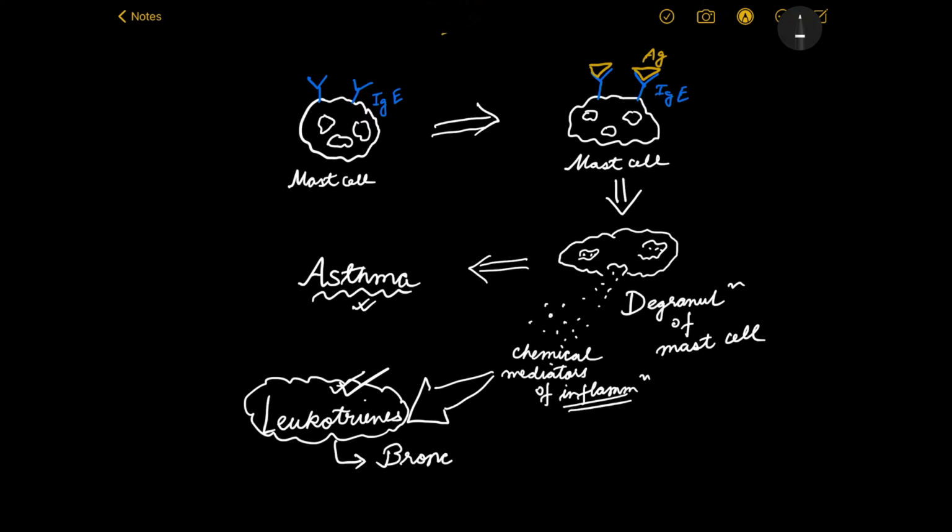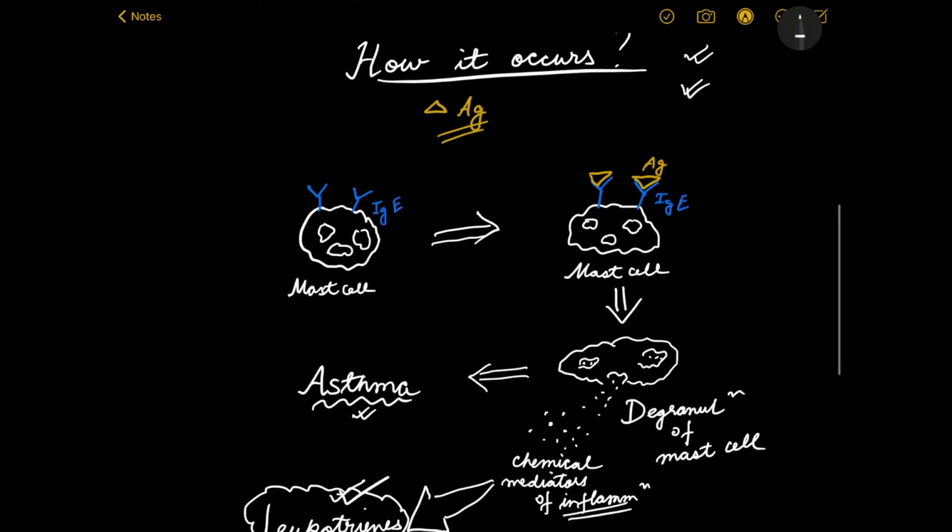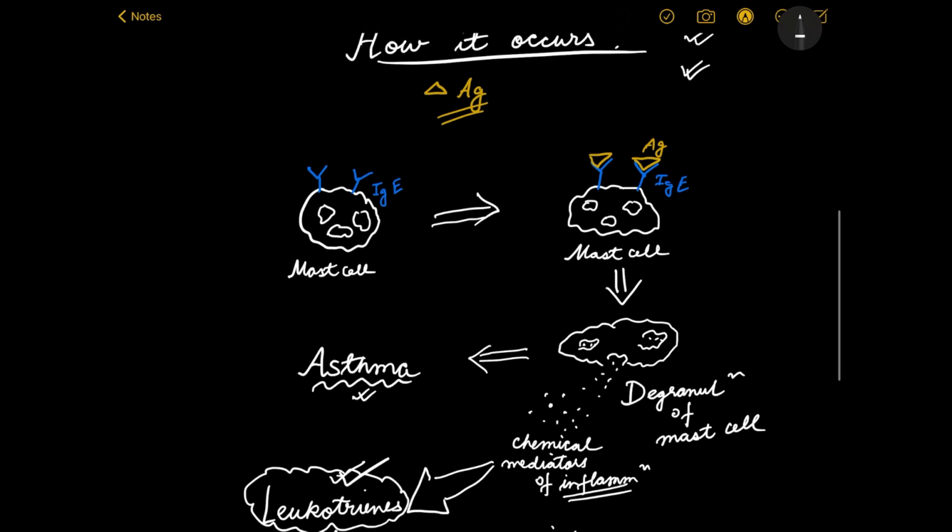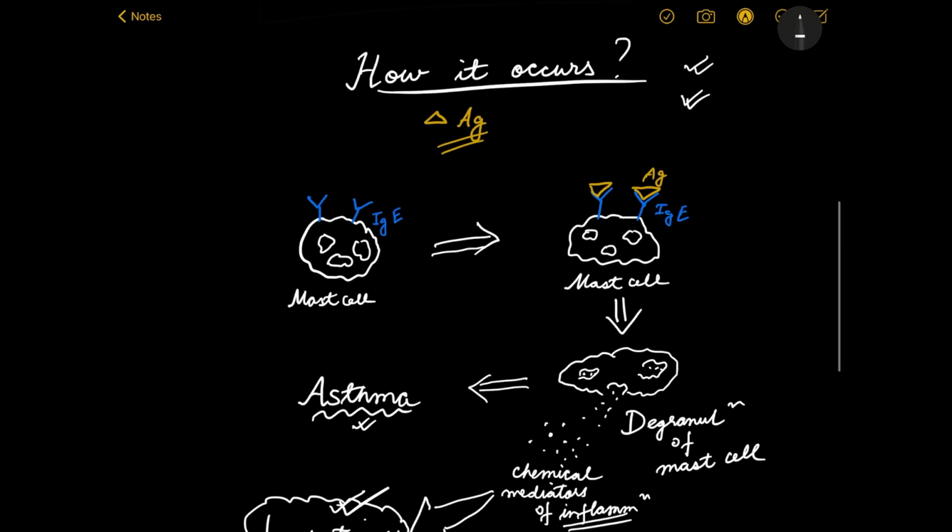And that is more or less why we see such potent bronchoconstriction in the alveoli and the lower bronchioles in asthma. So this is, very roughly speaking, how asthma occurs.